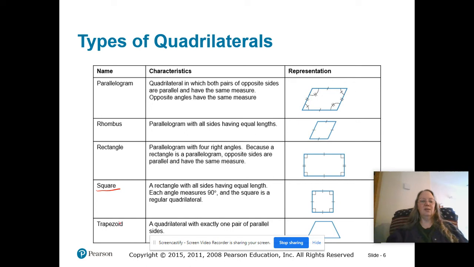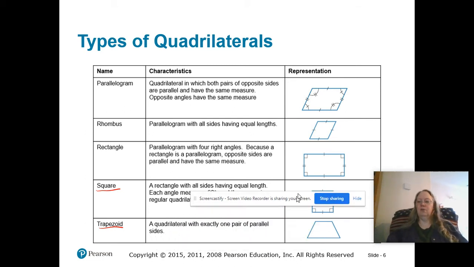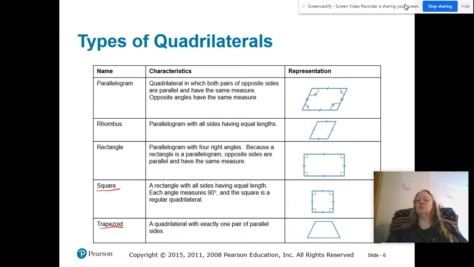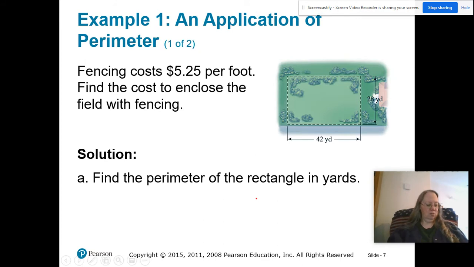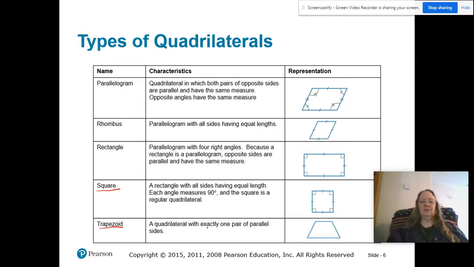And then lastly, we have a trapezoid. There are actually different definitions for trapezoid, believe it or not. I just always assumed that there was one definition, when in fact there are two, but we'll go with this one. It's a quadrilateral, has four sides, exactly one pair of parallel sides.